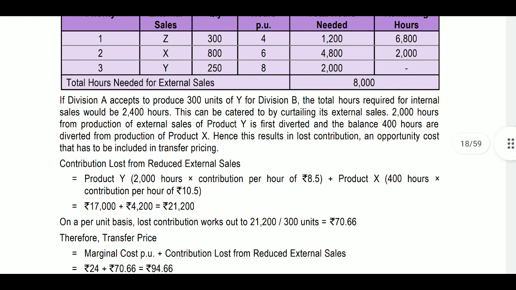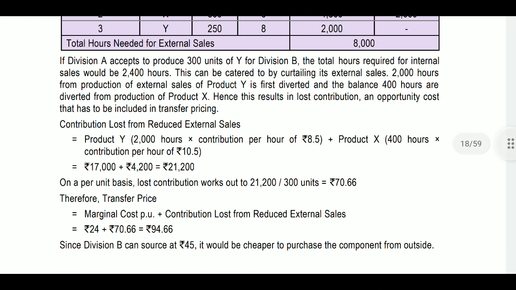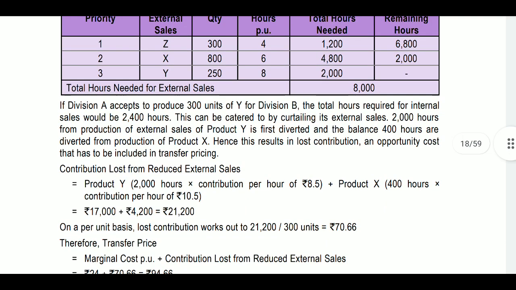So the X product and this results in loss of contribution, and the opportunity cost will be calculated. So the contribution lost for reducing the external sales: for Y it will be 2000 into whatever contribution we got, 8.5 was the contribution. And we require an additional 400 hours.